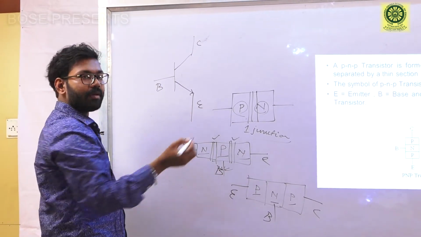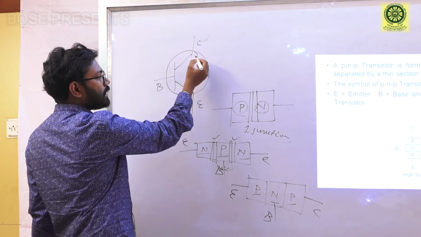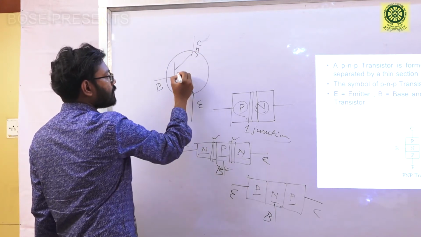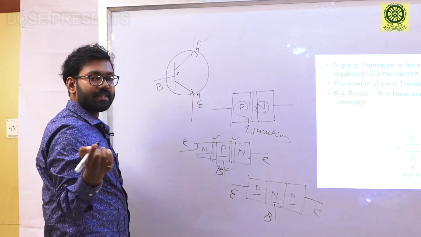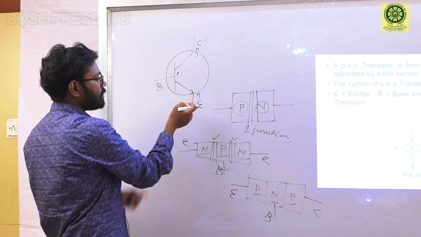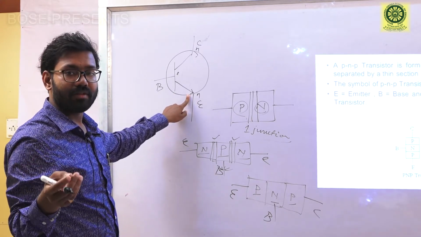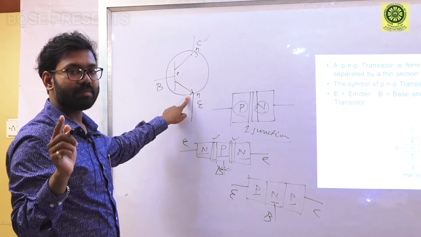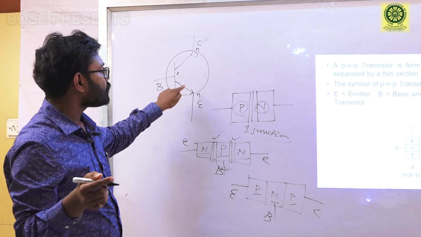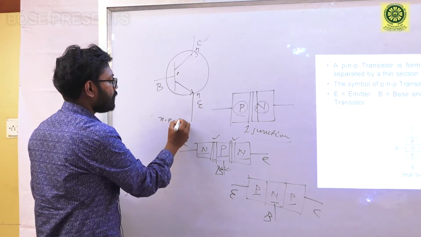For NPN type, this is N, this is P, this is N. How can we identify NPN? Just by looking at the arrow we can identify what is NPN and what is PNP. For NPN, the arrow mark is outward, and the arrow mark is always placed on the emitter terminal. So this is the symbol for the NPN transistor.